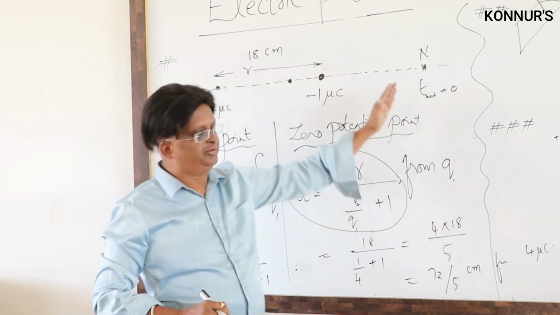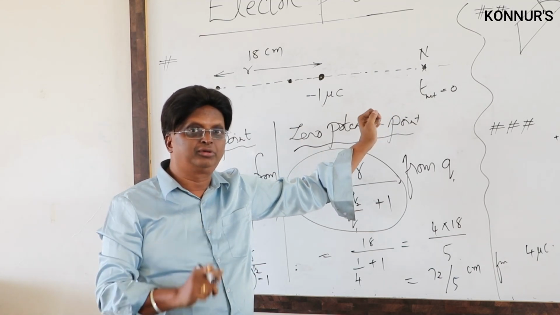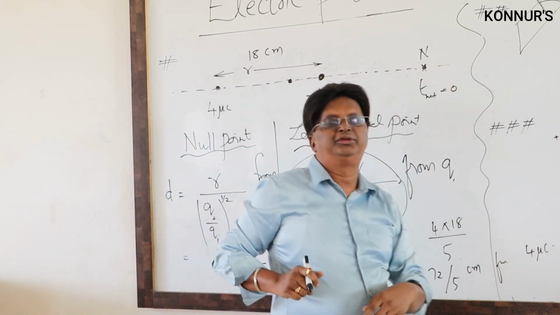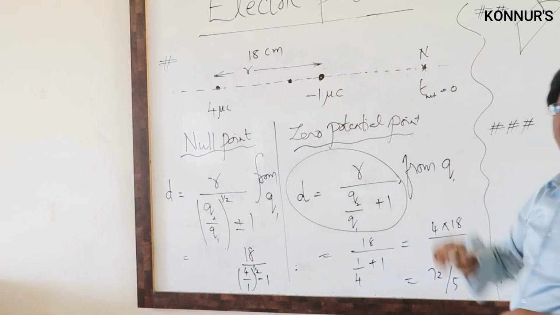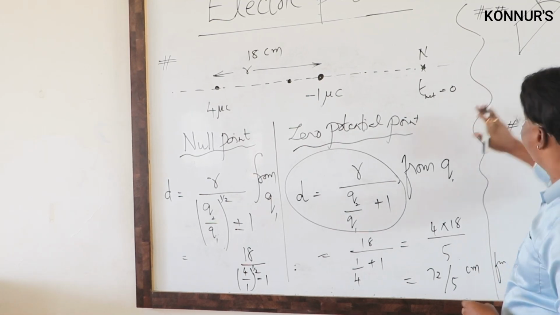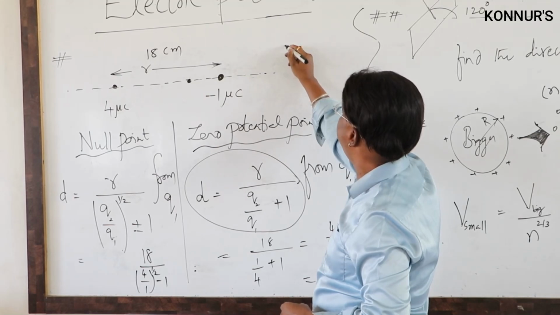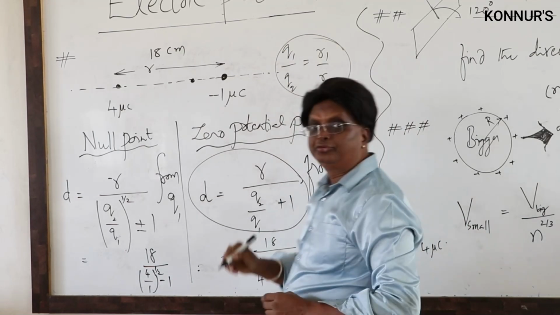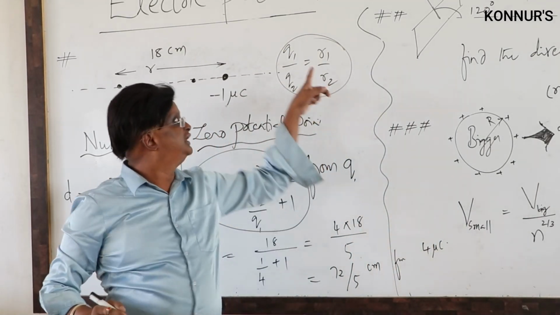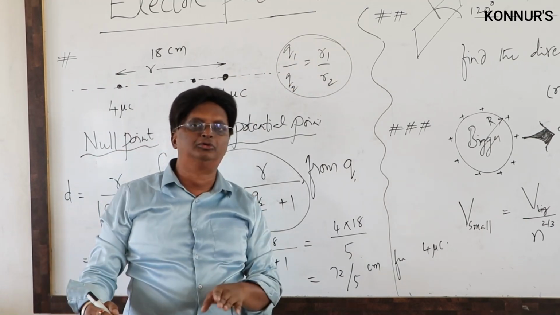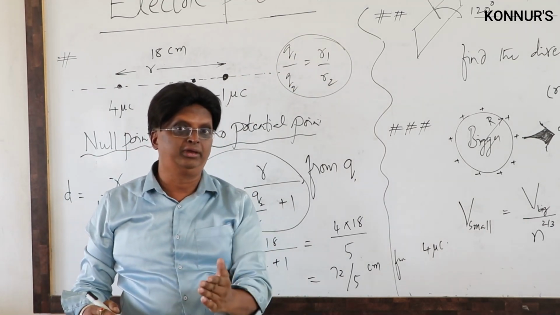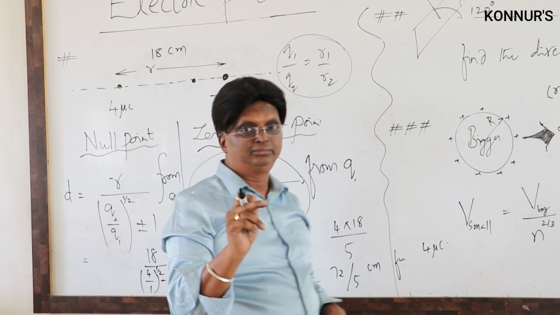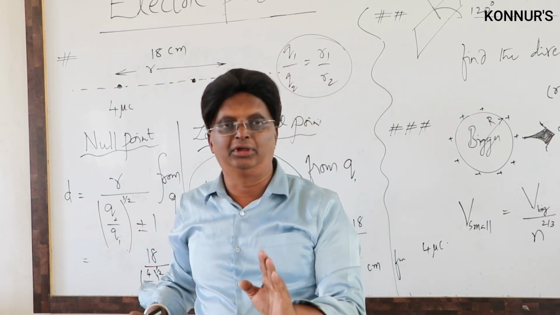Now, to the right, closer to the smaller charge, we will get an infinite number of zero potential points to the right of minus 1 microcoulomb, satisfying the condition Q1 by Q2 is equal to R1 by R2. Any distances satisfying this condition become a zero potential point. Therefore infinite potential points are obtained, but null points we obtain only one. Do remember, we are talking about the line joining.